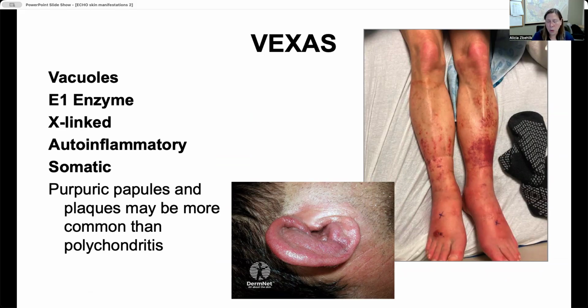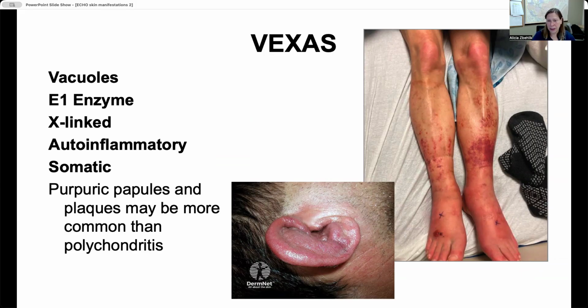This is an acquired somatic mutation, predominantly in men because it's X-linked, although there are isolated cases in women. Initially, it was mostly associated with the ear findings, like polychondritis and inflammation of the cartilaginous part of the ear.